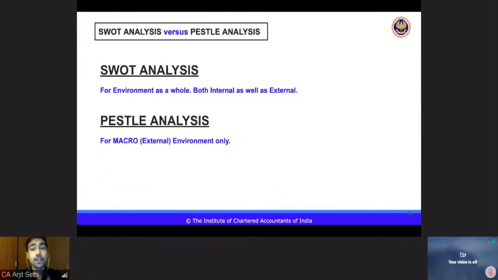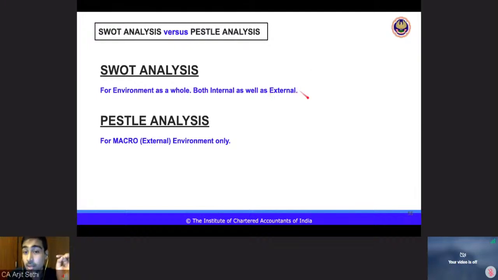So, what is the difference between SWOT analysis and PESTLE analysis? PESTLE analysis and SWOT analysis are actually doing the same thing, but for different environments, right? SWOT analysis gave us strength, weakness, opportunity, and threat for the environment as a whole, both internal as well as external.